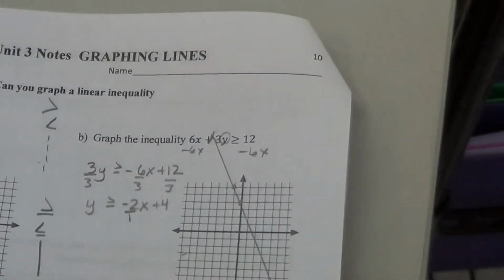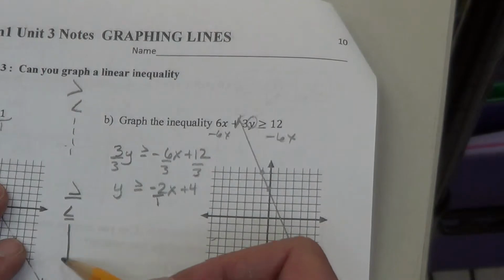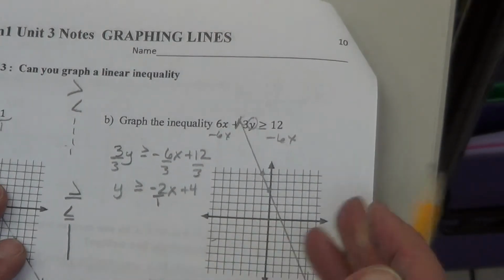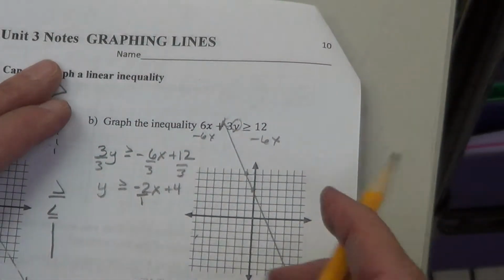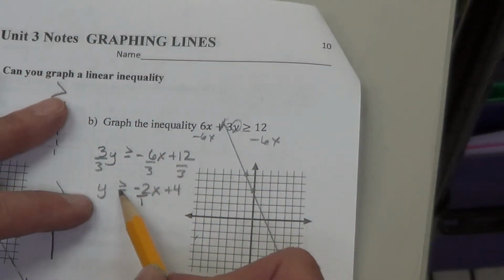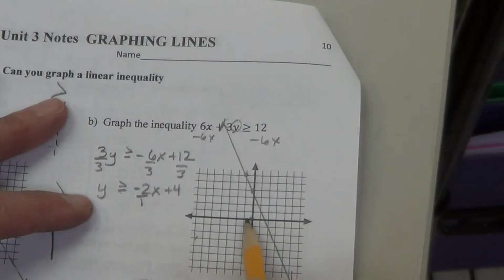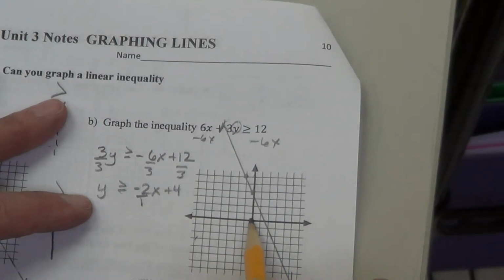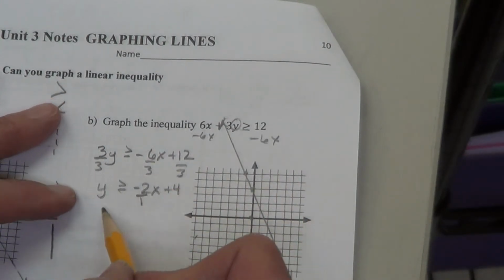Next one. Now we double check. This has a solid line underneath, so we should have done a solid line for the graph. We have a solid line, so we're in good shape. Now we have that y should be greater than. Again, you take 0, 0. If this is true at 0, 0, then we'll shade this way. If not, we'll shade away from the 0, 0.